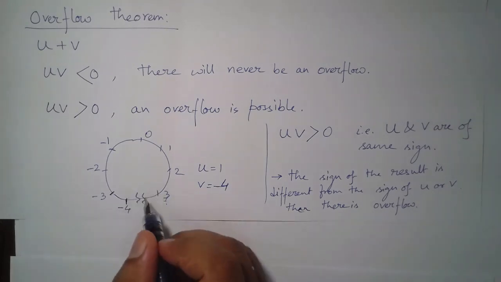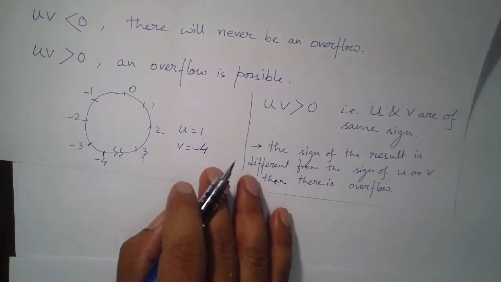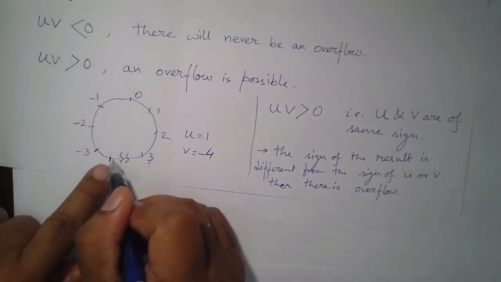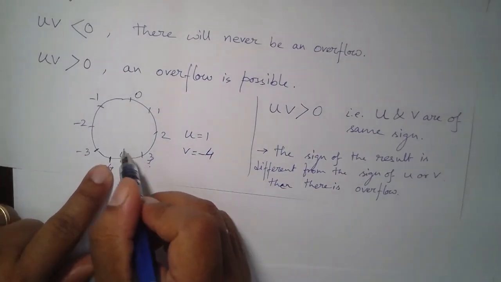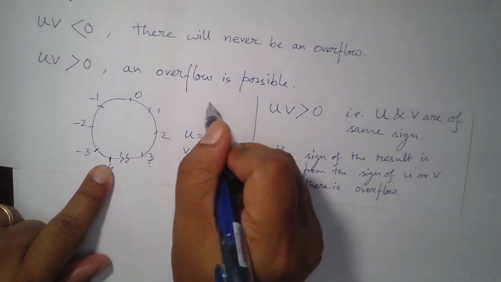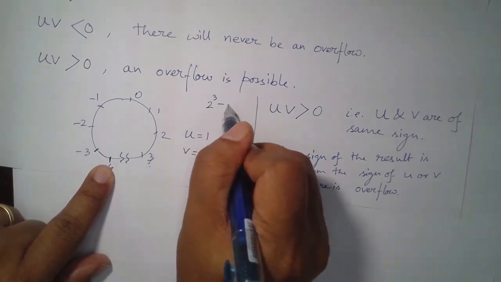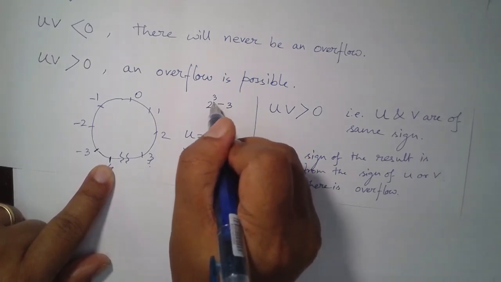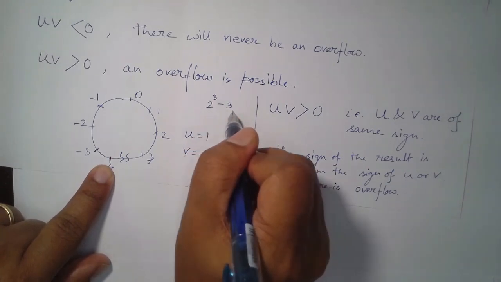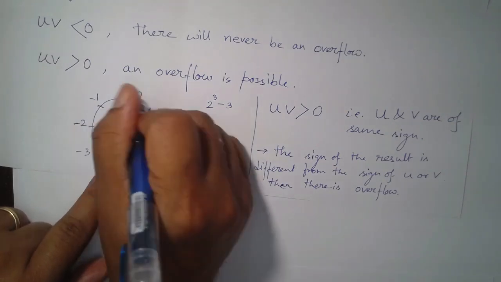So -4 is here, and I want to add -3, which is 2 to the power n, which is here 3. So 2 to the power 3 minus 3. So this is 8 minus 3, 5. So basically I will be moving 5 steps in the clockwise direction.